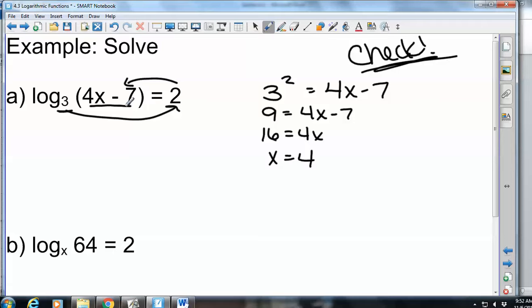If I had gotten like 0, when I plug a 0 in here, it wouldn't work, so you would have to tell me no solution. So when you plug your x in, it gives you a negative argument, you have to say no solution. Otherwise, just verify that it is a positive base and positive argument. Alright. Is that okay with everyone?